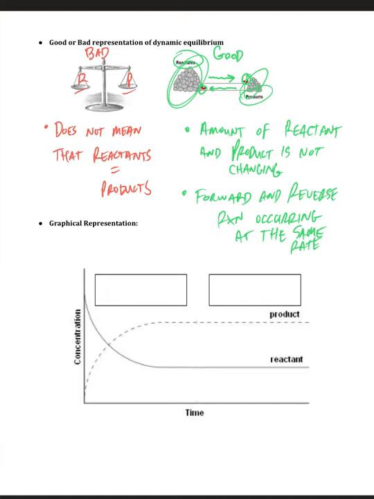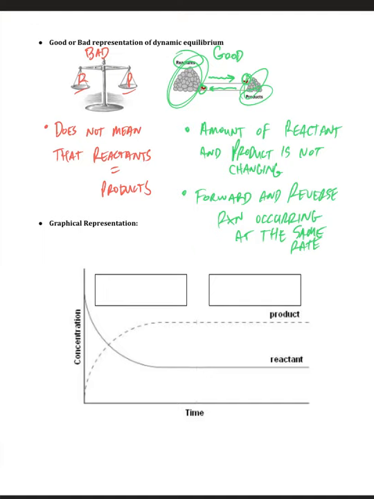Okay, so that's a little picture or analogy of a good and bad representation of equilibrium to kind of hit home what equilibrium is. Now, you also have to be able to recognize equilibrium on a graph, and there are graphs that show reactions at equilibrium and graphs that show when reactions aren't at equilibrium. And this is something that's really important, especially for those of you moving on to higher level chemistry.